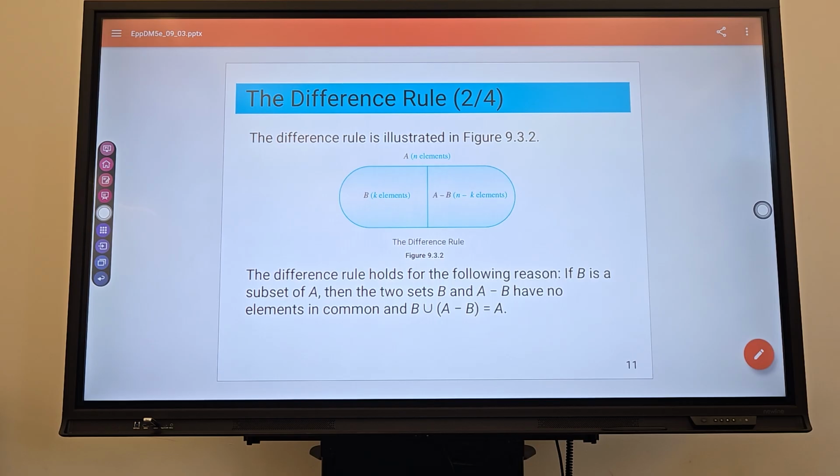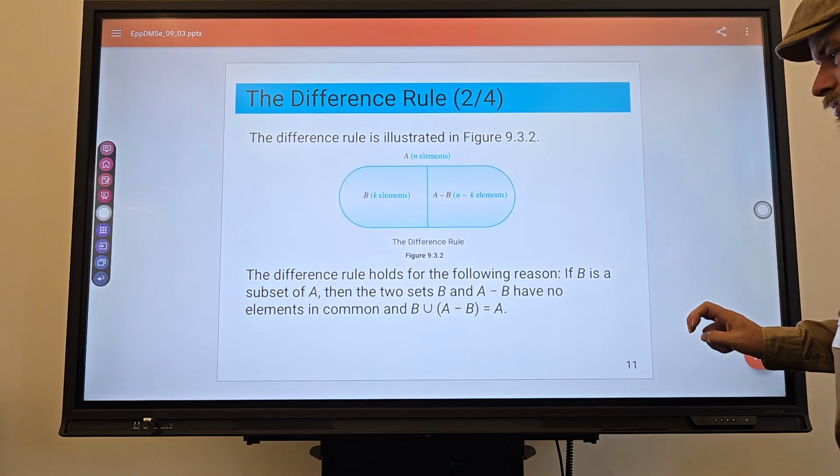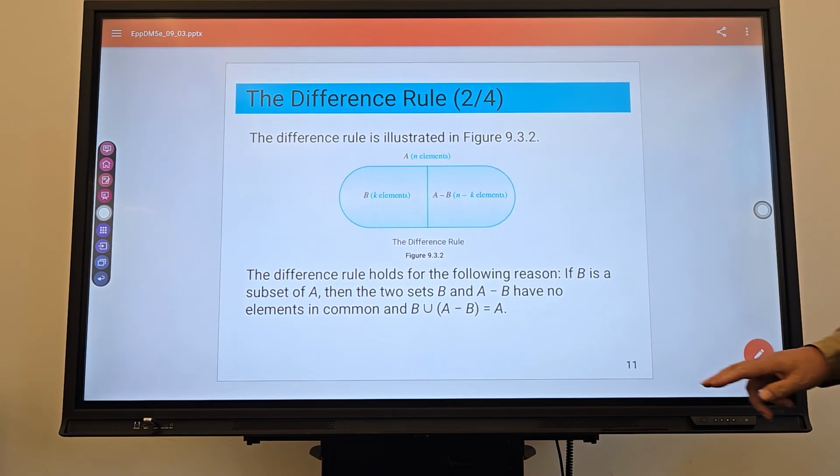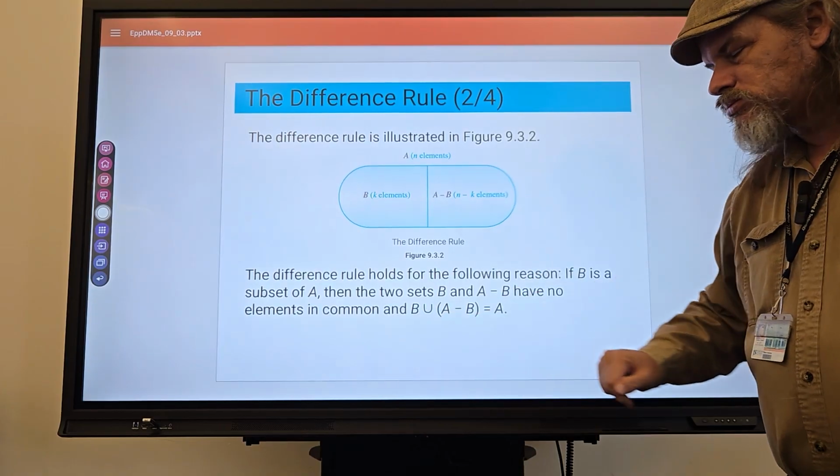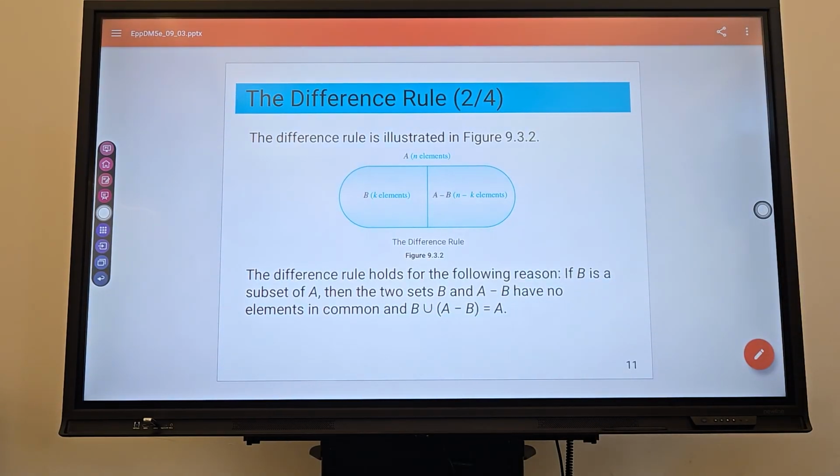If B is a subset of A, then the two sets B and A minus B have no elements in common, and B union A minus B is equal to A. The union symbol is the symbol that you learn in chapter 6.